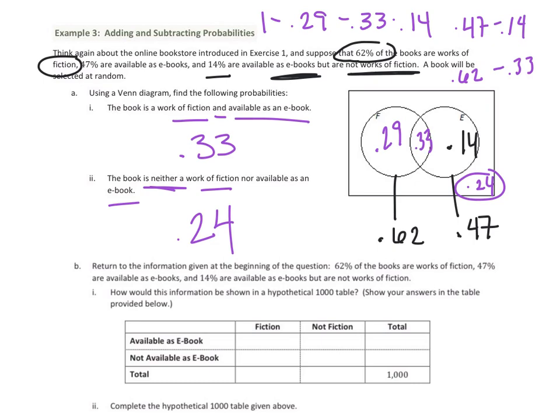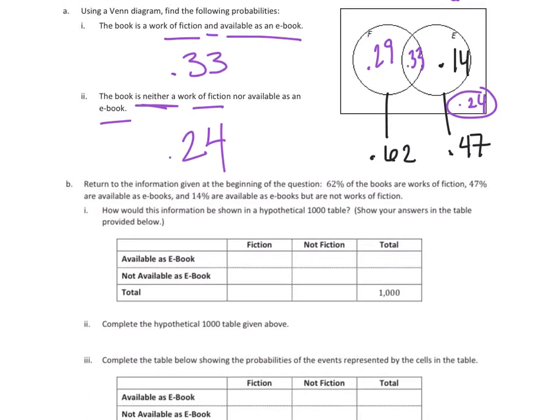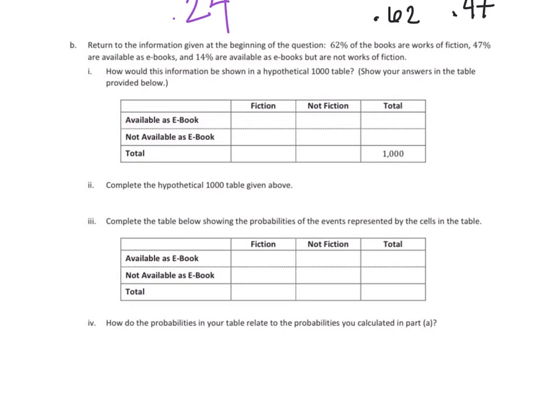All right. So now it says, how would this information be shown in a hypothetical 1,000 table? So basically we're now saying, let's assume there's 1,000 total in our population. Can we fill in this table? Well, of course we can. We know 62% have to be the total fiction section, right?